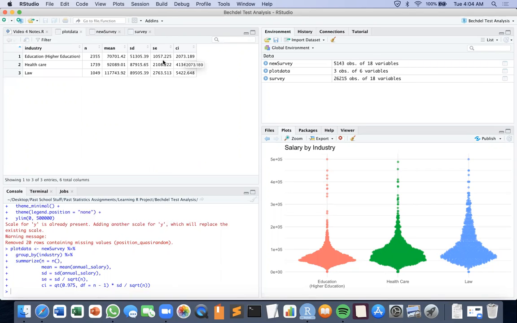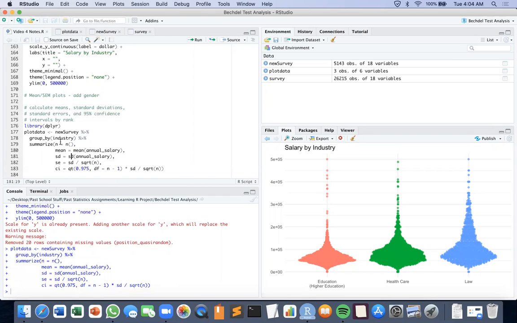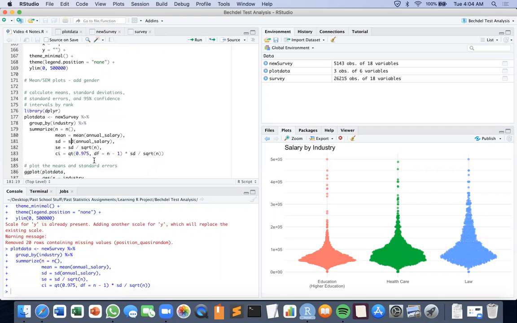So it's the mean plus or minus these values. And this n is, of course, the number of points we have in each of these three categories, which we labeled here and which were necessary when we were finding these different statistics.